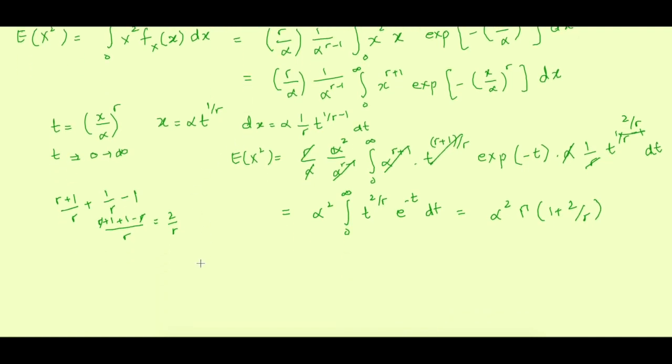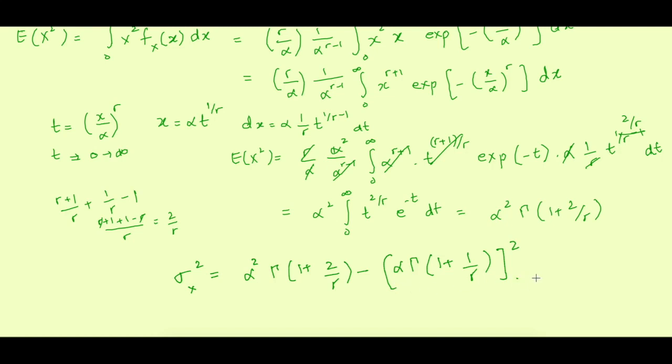So what is the variance? So variance is equal to the second moment minus the mean squared. So the mean we have already shown. Okay. If you want, you can take alpha squared out, but that is just a simple simplification.